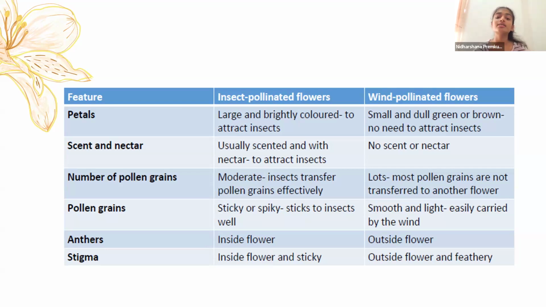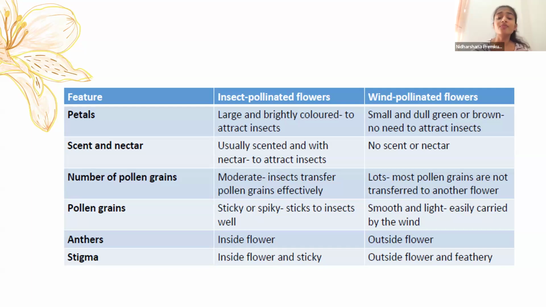So they are structured this way to once again attract insects to aid in the process of pollination. Wind-pollinated flowers, on the other hand, do not have a scent, nor do they contain nectar. Why? Because they do not need to attract insects.